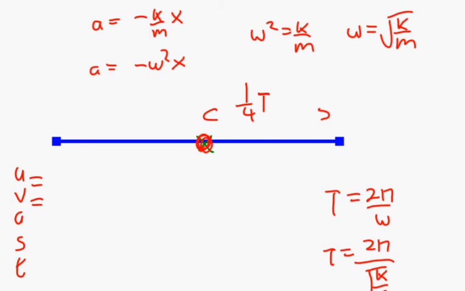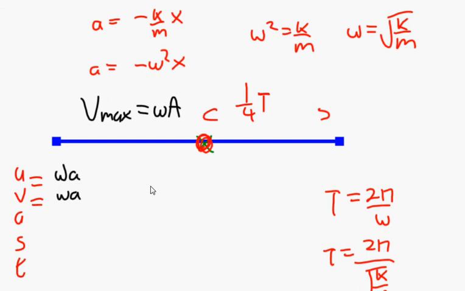Please remember that Vmax equals omega a. So your initial velocity is going to be what, guys? Omega a. Your final velocity, is there anything slowing it down? Is there any friction? No.